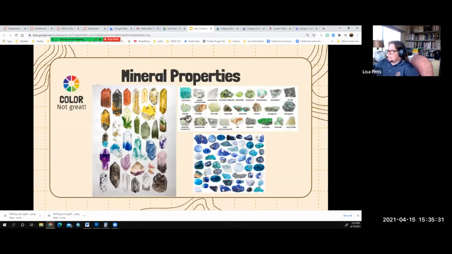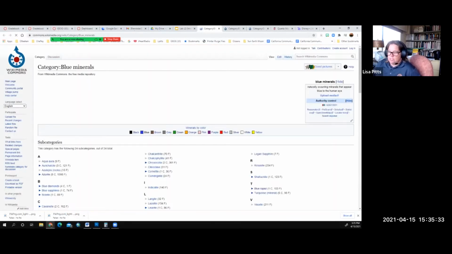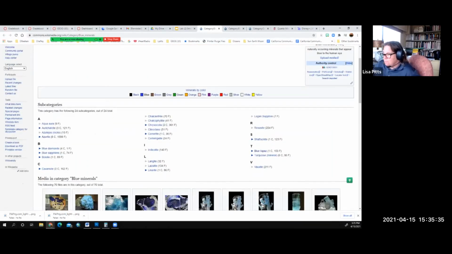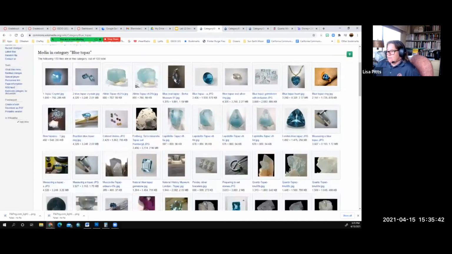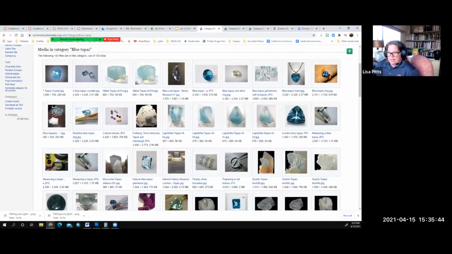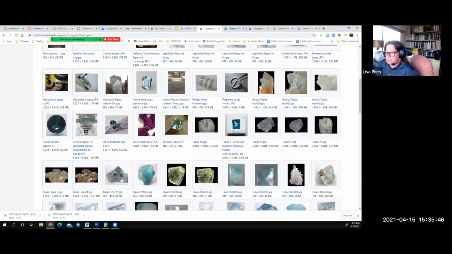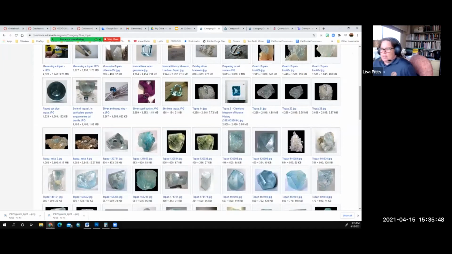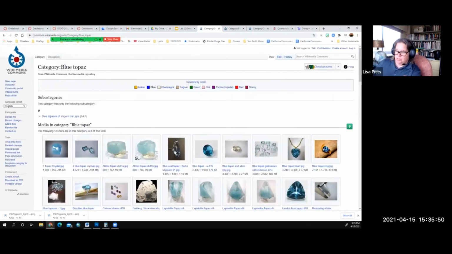If you look at these blue ones again, and we'll look at the blue topaz, if I found a piece of blue topaz, a lot of times they're embedded with, actually, I'll show you California's.